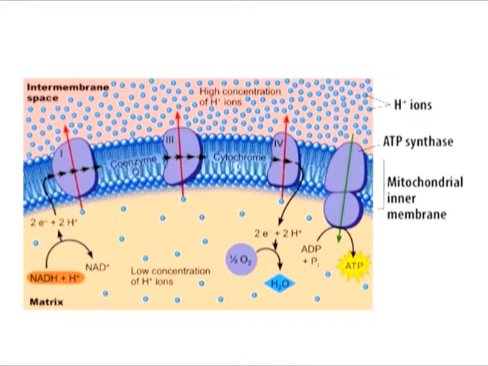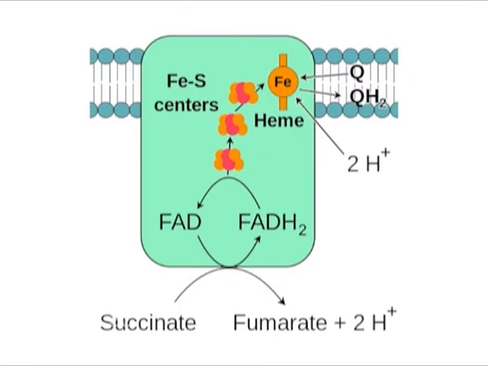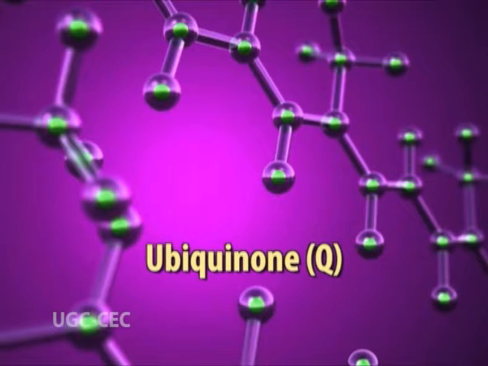Next is succinate Q oxidoreductase, complex 2. Complex 2 directly receives FADH2, which does not pass through complex 1. The compound connecting the first and second complexes to the third is ubiquinone Q. The Q molecule is lipid soluble and freely moves through the hydrophobic core of the membrane.